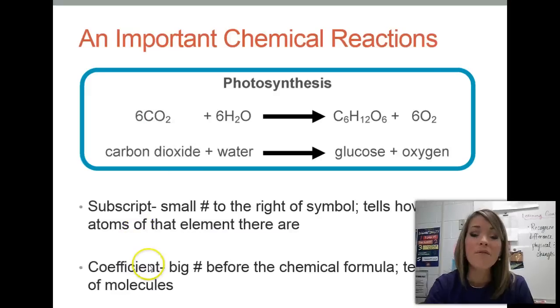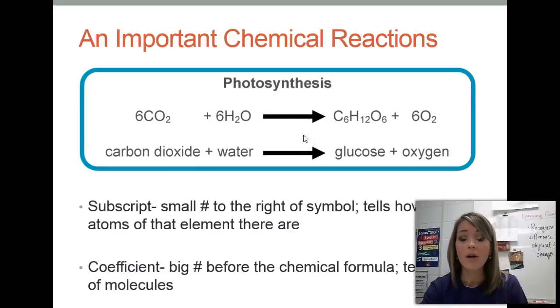Okay. The coefficient, we kind of barely touched on the coefficient earlier, but the coefficient is going to be this big number in the front. And the big number in the front, the coefficient, tells you how many of those molecules are reacting during the chemical reaction. So this is telling us that we have 6 carbon dioxide molecules, and they are reacting with 6 water molecules. And a water molecule has 2 hydrogen and 1 oxygen.